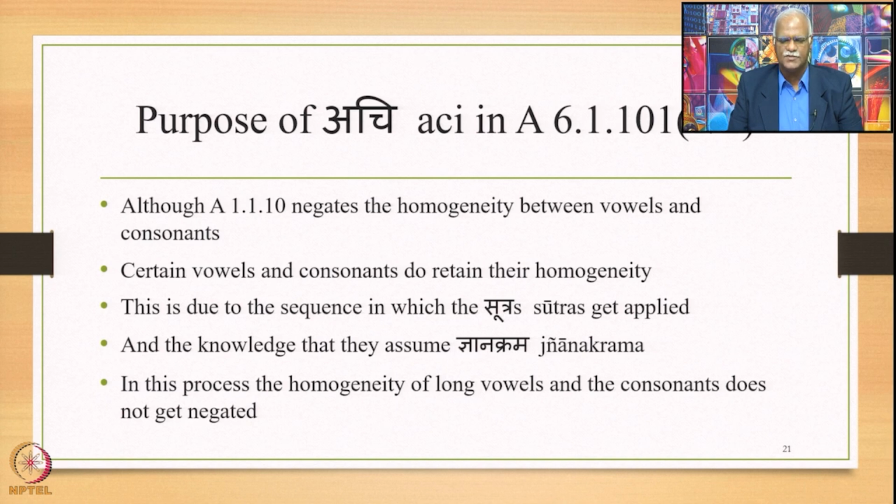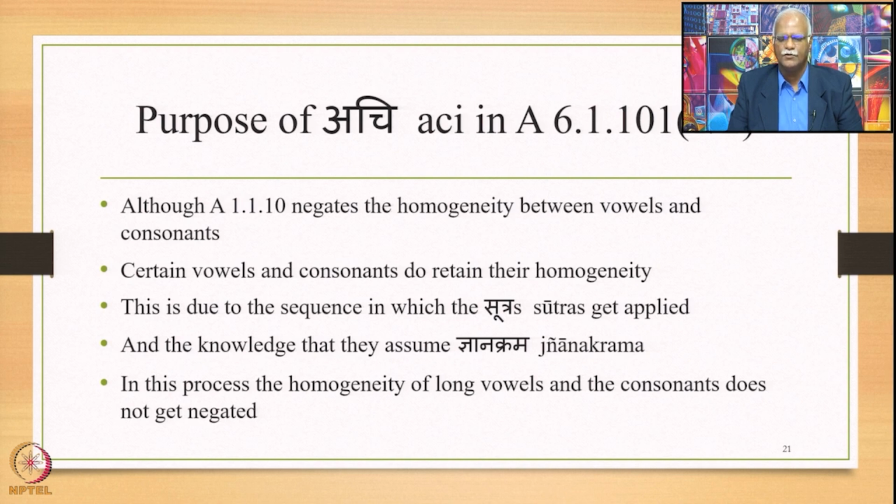The answer to this is provided by the tradition. The tradition says that although 1.1.10, that is najjhalau, negates the homogeneity between vowels and consonants, certain vowels and consonants do retain their homogeneity.